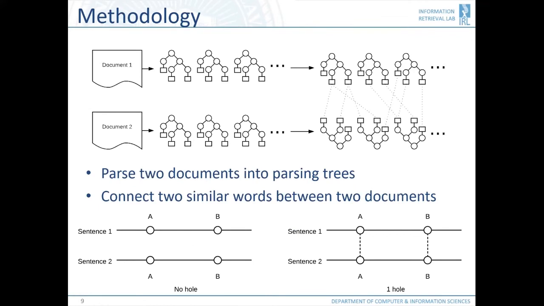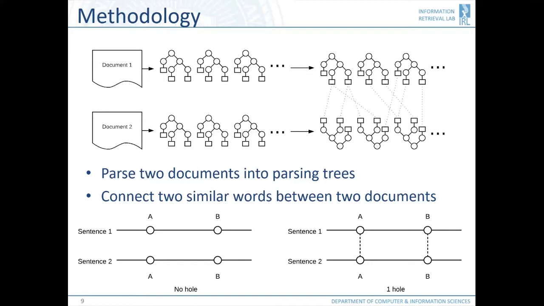Like the graph shows, we have two documents, and for each sentence in the documents, we parse them using the constituency parsing tool into a bunch of parsing trees. But at this moment, there is no connected component in this phase, because all those are a bunch of trees, or a forest. So we need to connect them together.